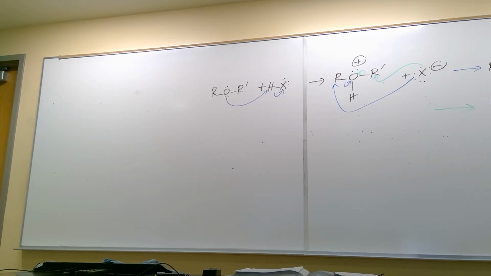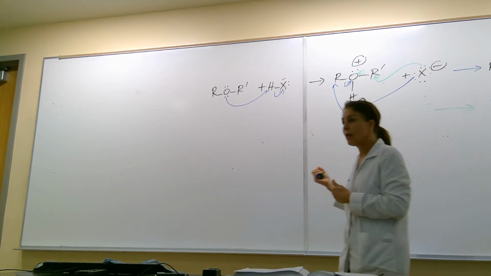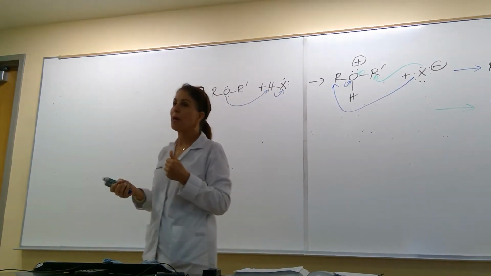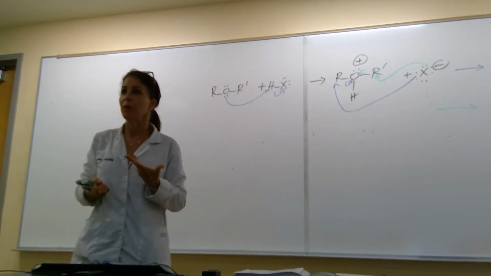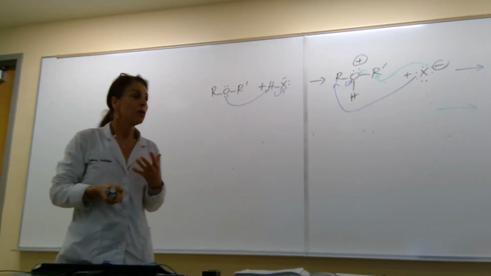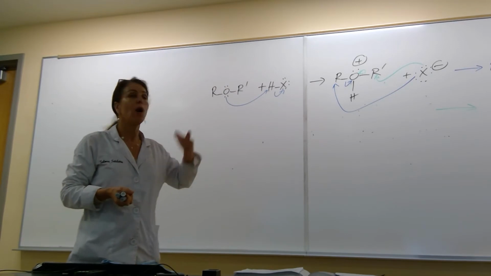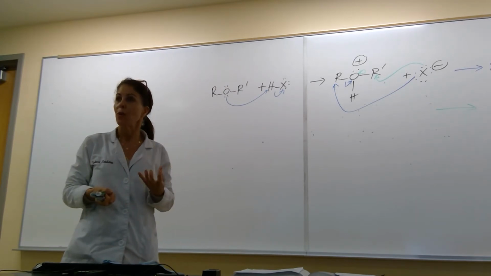So the question is, which one would work best? Of course, here, if I put R and R prime, I'm assuming they're not the same. You agree? Yes. So the question is, if you have two options, which one works best?